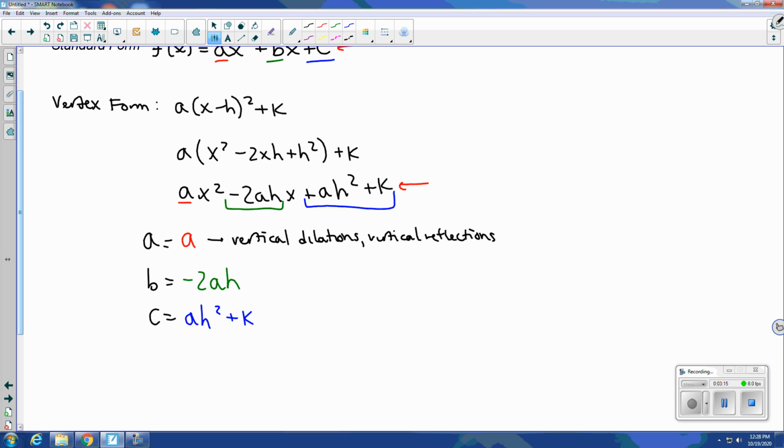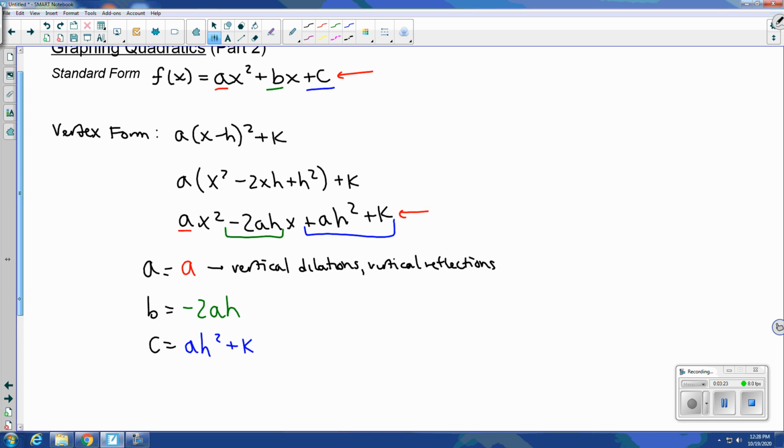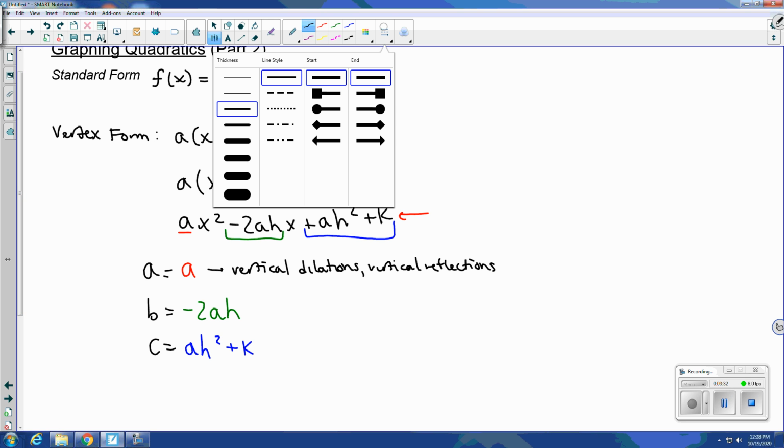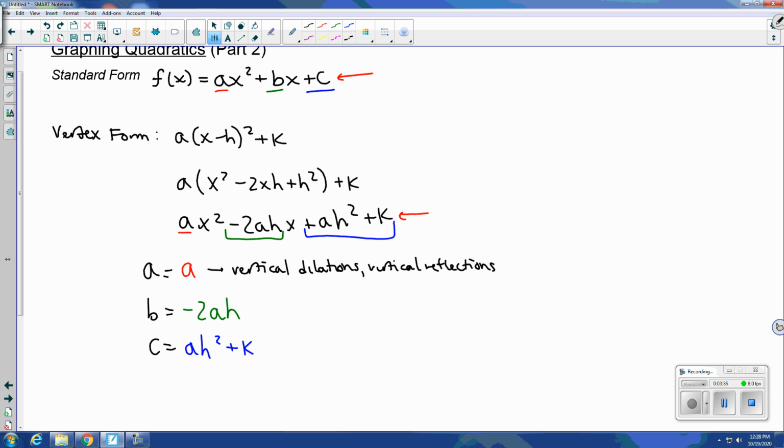Now, what does B mean in our standard form? Well, B is negative 2AH. So, if you recall from the vertex form, we can identify the location of the vertex pretty easily. In the case of the vertex form that we have, the vertex is going to be located at (h, k). Okay, if we go right h, up k, that puts us at (h, k), which means the axis of symmetry is at h.